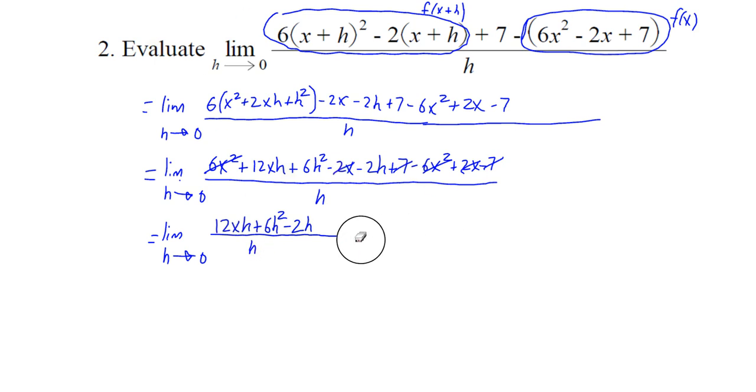And what's that? That is going to be equal to, and I guess I'm just going to continue to the right here, limit as h approaches 0 of 12xh over h plus 6h squared over h minus 2h over h.